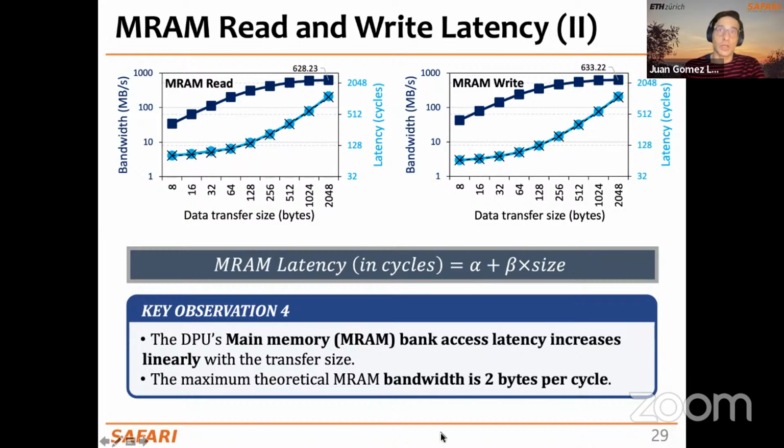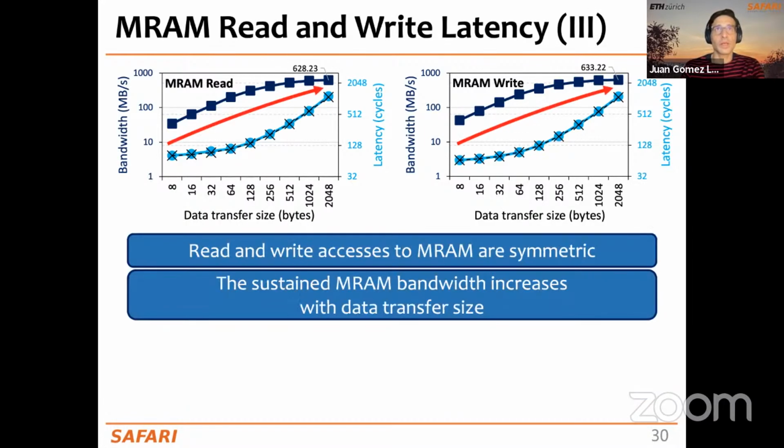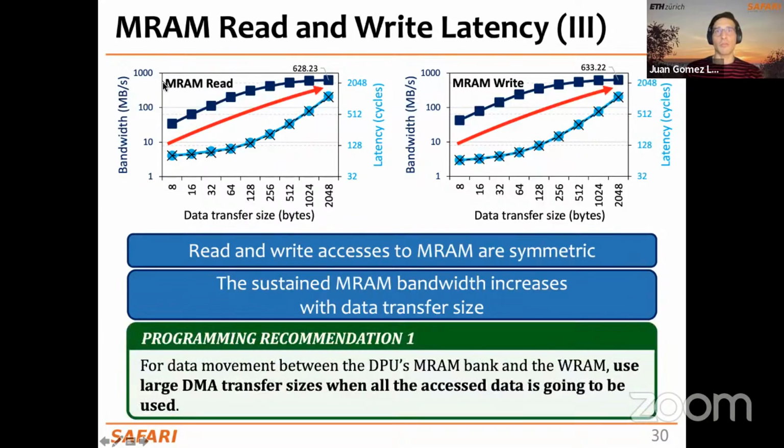Also, according to our measurements, the maximum theoretical MRAM bandwidth is 2 bytes per cycle, which means up to 700 megabytes per second at a frequency of 350 megahertz. Another observation is that MRAM read and MRAM write are symmetric. Both curves here, bandwidth and latency, are very similar for both MRAM read and MRAM write.